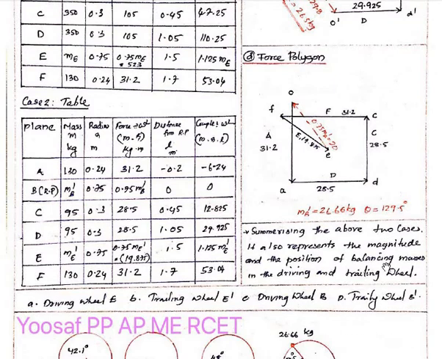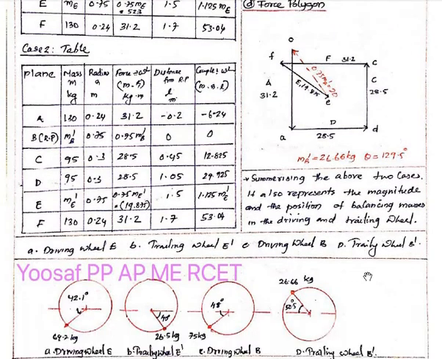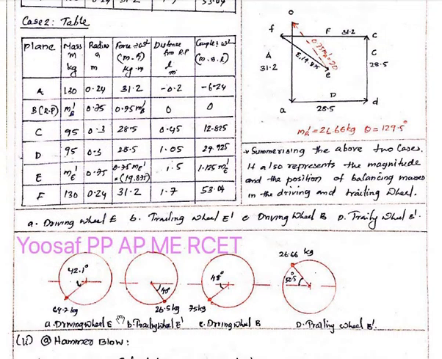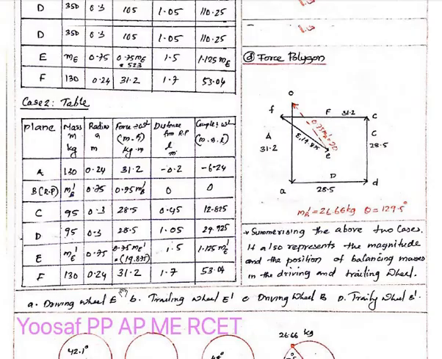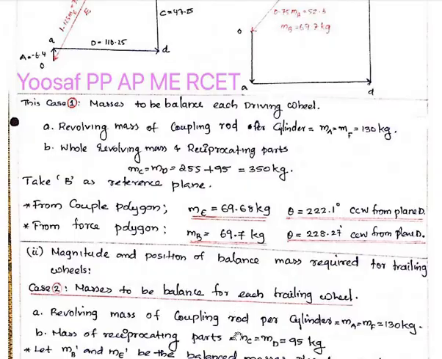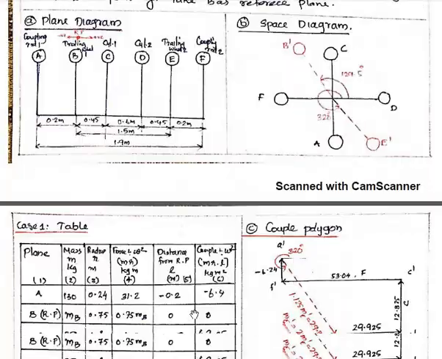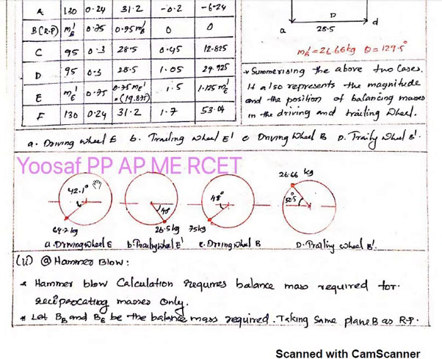Summarizing the above two cases, they represent the magnitude and the position of balancing mass in the driving and trailing wheel. Let us take first the driving wheel E. The mass is 69.7 kilogram at an angle of 42.1 degree to the horizontal, that is 180 plus 42. In the actual case it is 221.1 degree, but here it will be 180 plus 42.